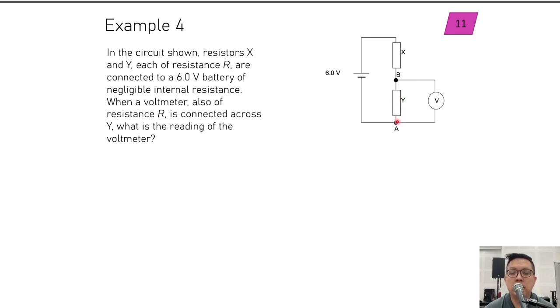But in reality, it's very hard. Your voltmeter will have some finite value of resistance. So the way to do this is to imagine that there is another resistor here. Let me just quickly draw one resistor here like this. That's just an ugly resistor, and this is the resistance of the voltmeter.